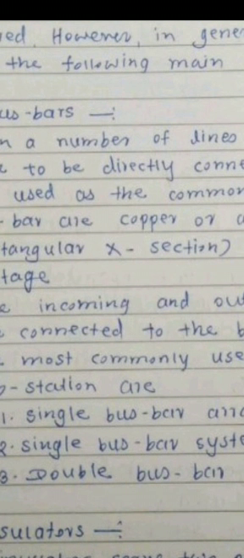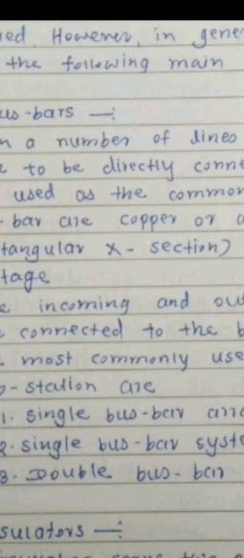The most commonly used bus bar arrangements in substations are: first, single bus bar arrangement; second, single bus bar system with sectionalization; third, double bus bar arrangement. So the first equipment is the bus bars.